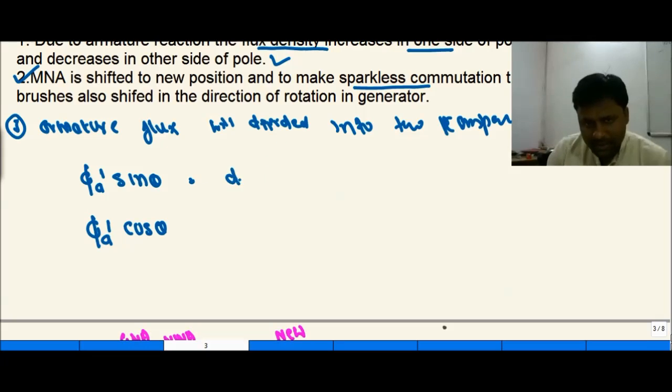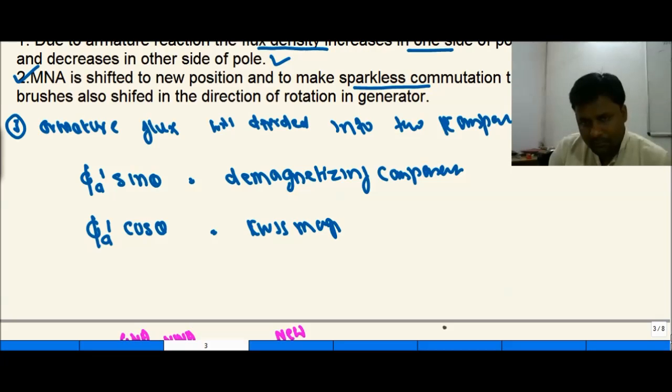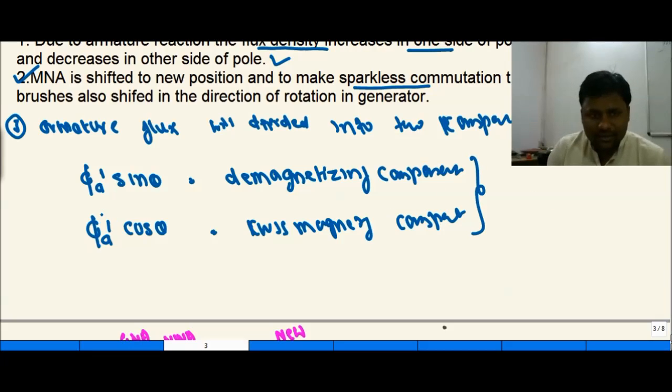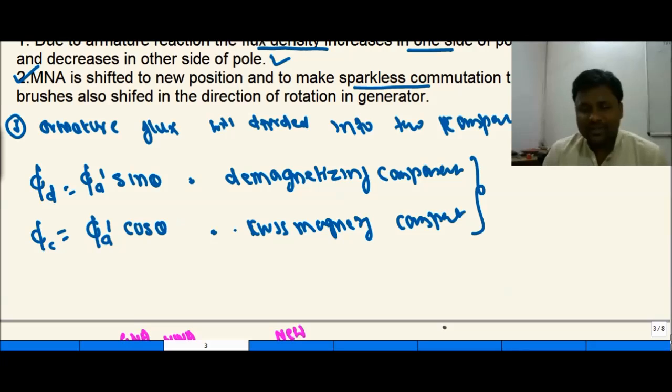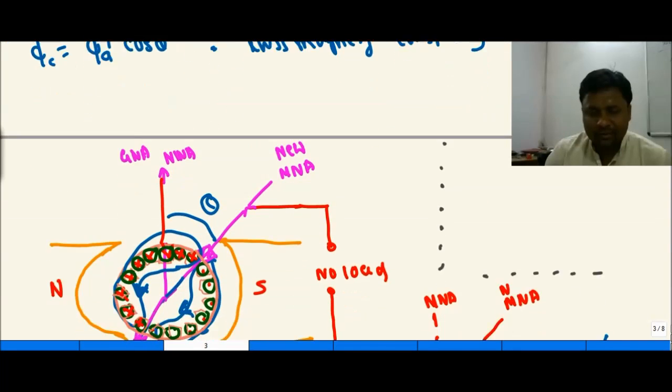One is called the demagnetizing component, and the other is called the cross magnetizing component. So these two components, phi A dash cos theta and phi A dash sin theta, always try to distort the resultant flux.